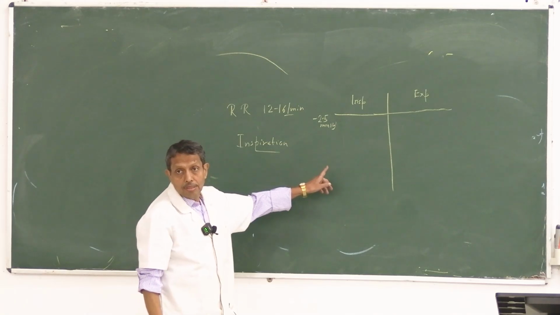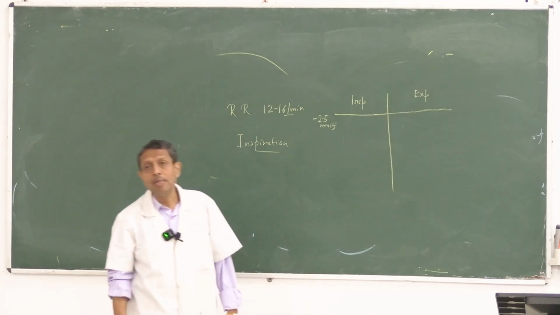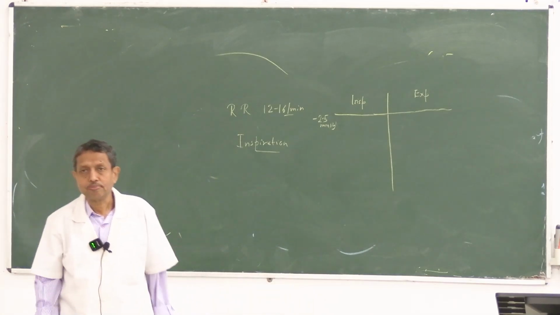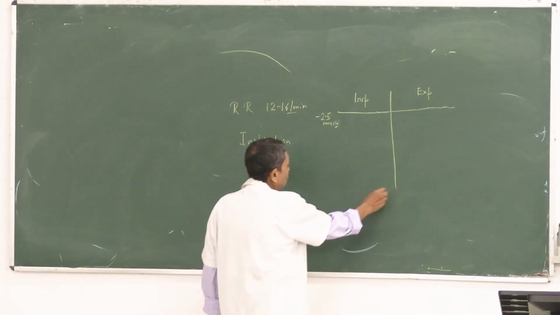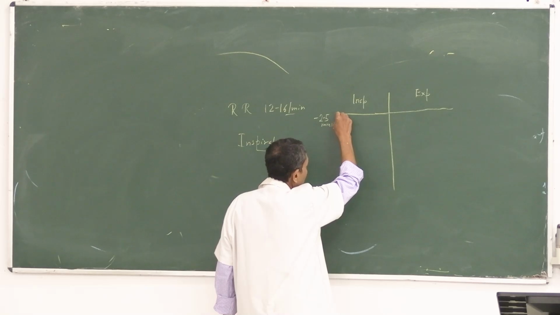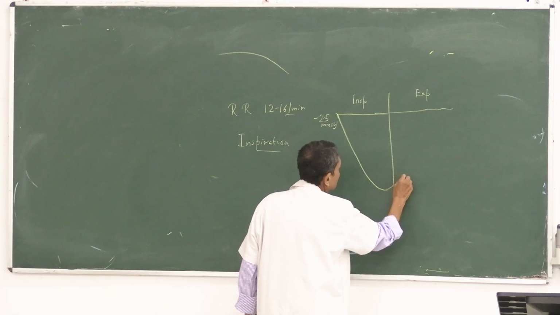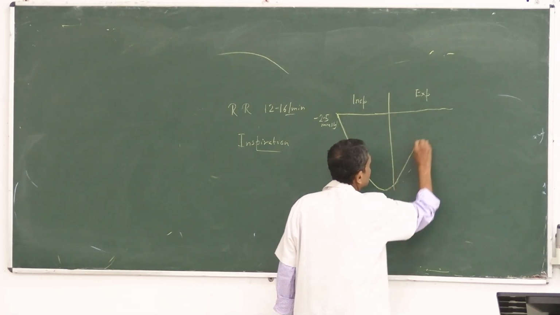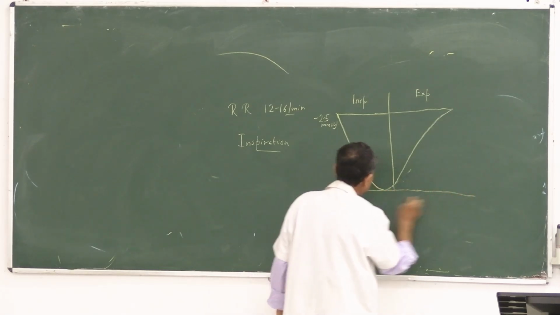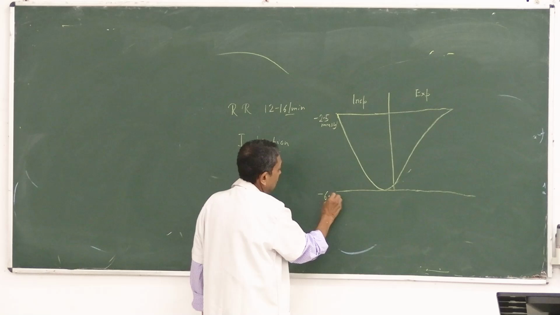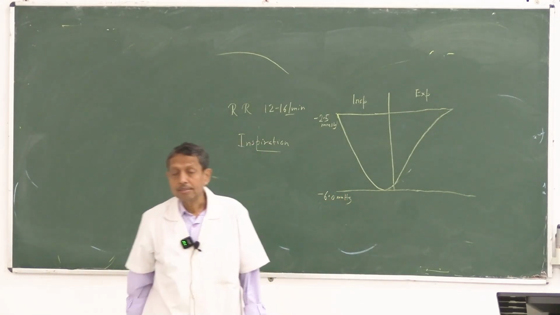Intrapleural pressure at the beginning of inspiration is minus 2.5 millimeter of mercury at the base of the lung, normal lung. And during the process of inspiration, it will fall.